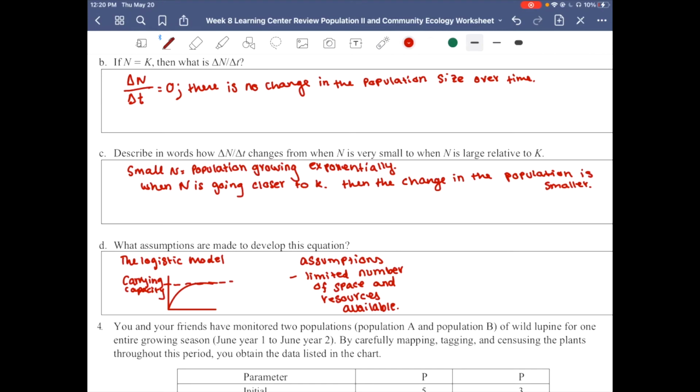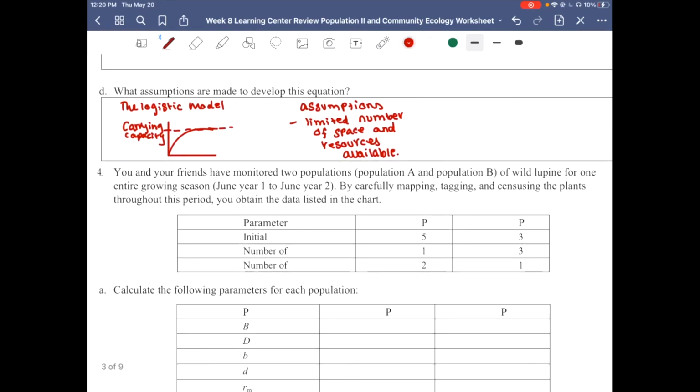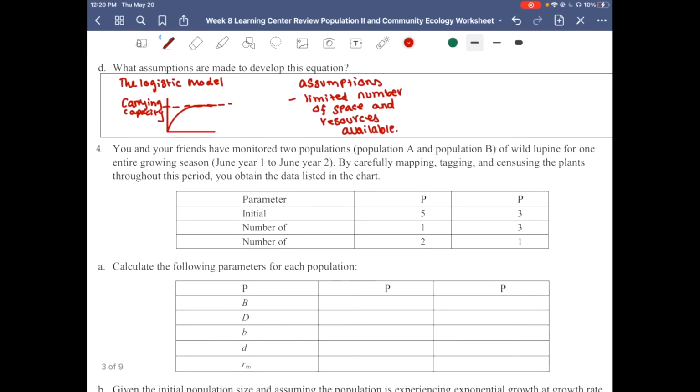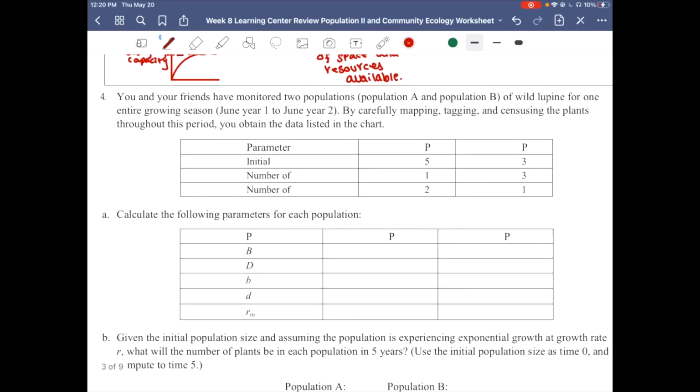All right, now we're going to look at an example. You and your friend have monitored two populations of wild lupine for one entire growing season. By carefully mapping, tagging, and censusing the plants throughout the period, you obtain the data listed below. Calculate the following parameters.